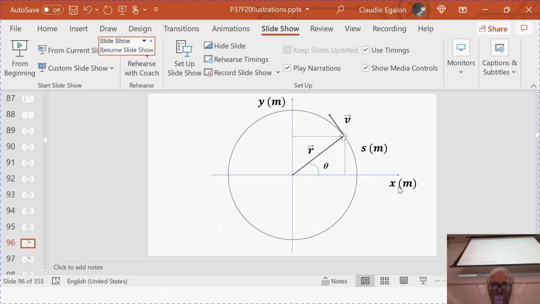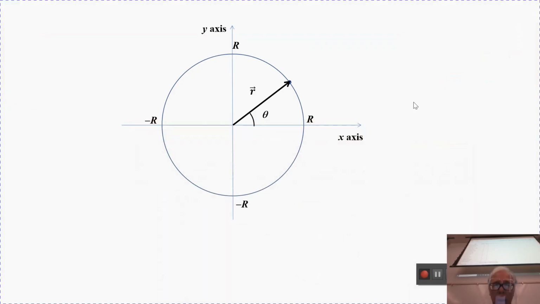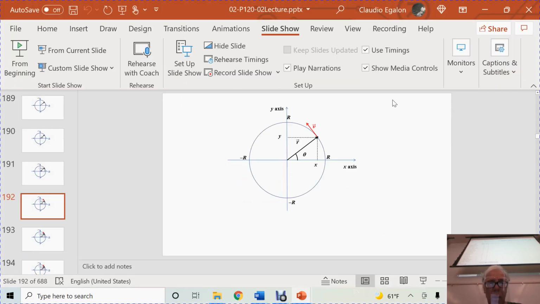Okay, so here you go. Now, let's see. Is that the one I want or the other? Oh no, my computer is misbehaving again. Okay, so let's see. Now it's working the way it's supposed to work.